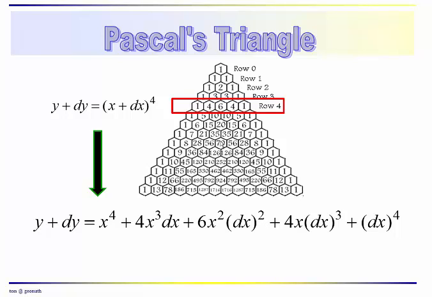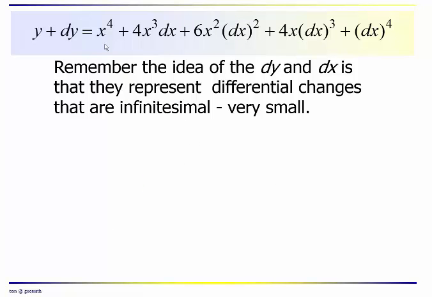So if you find yourself having to determine what (x plus dx) to the fifth is, it would be x to the fifth plus 5x to the fourth dx plus 10x cubed dx squared, and so on, using these coefficients. So hopefully that's a useful tangent to go off on.